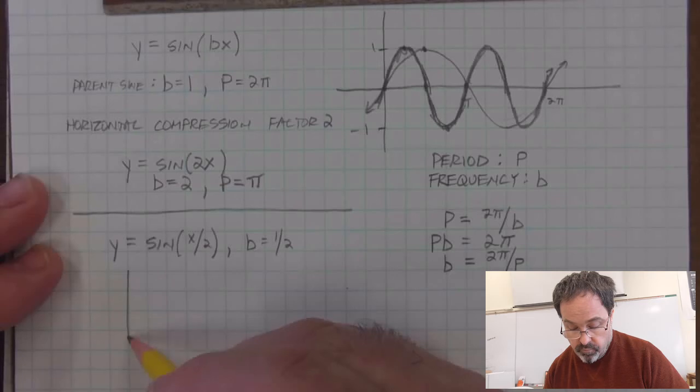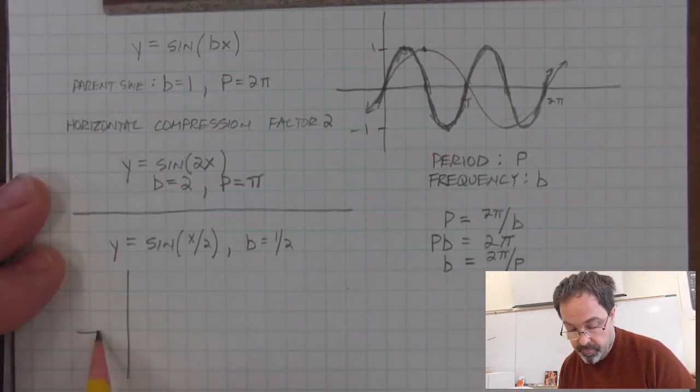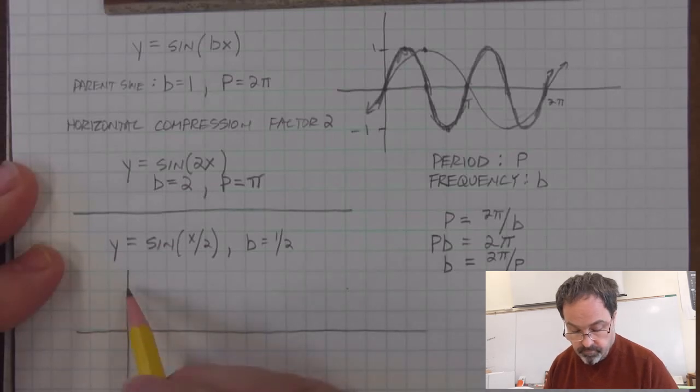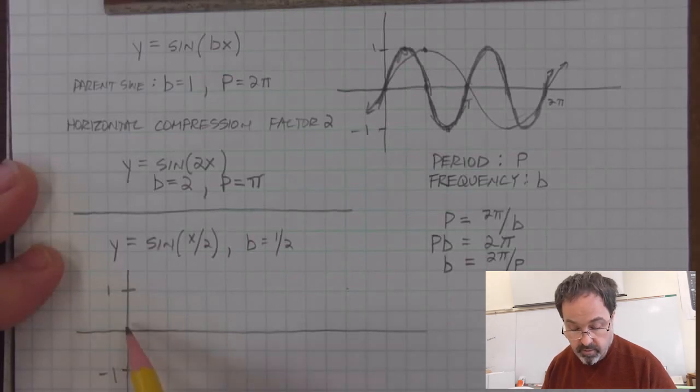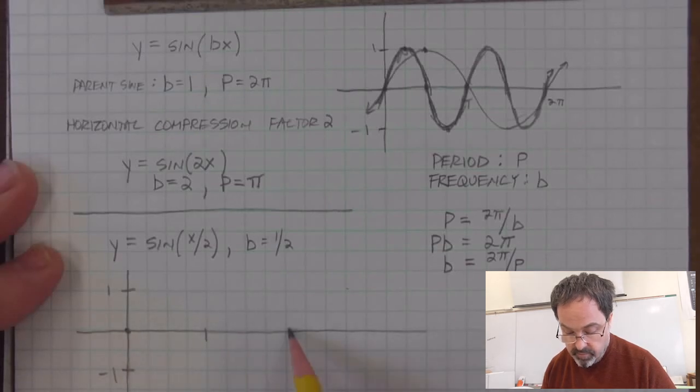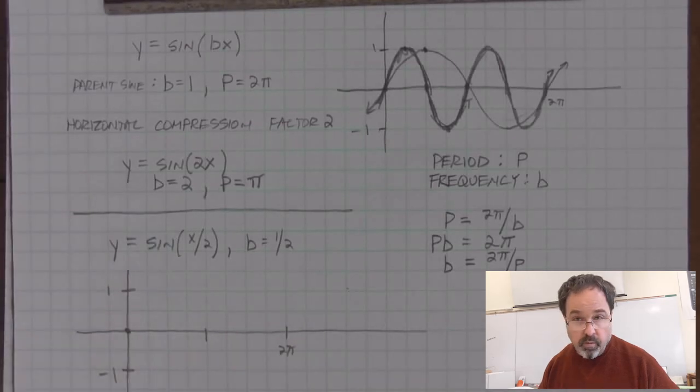So we could go to graphing that, approaching this with several different concepts now. The maximum and minimum is still going to be 1, -1. The sine wave is still going to start at the origin. But in the space of 2 pi, we're going to get 1/2 of the sine wave.